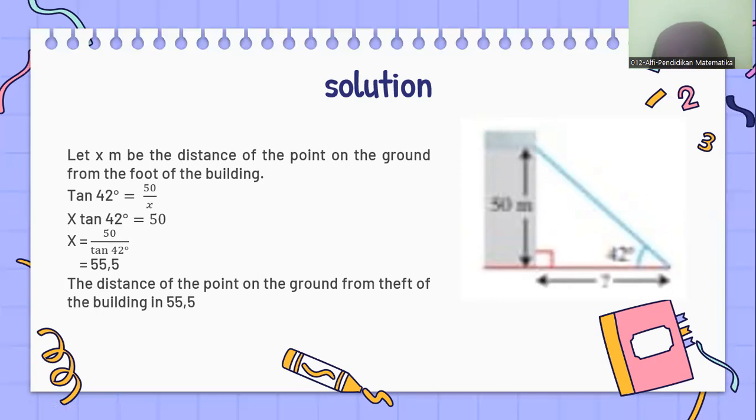Move x to the left and move tan 42 degrees to the right.